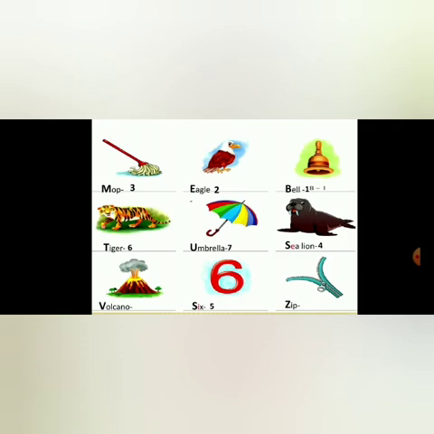Then after U, which letter comes? V. V is there? Yes, volcano is there. So we will put number 8. Then after V, W. W is there? No. X is there? No. Y is there? No. Z is there? Yes. So we will put number 9 in front of that.